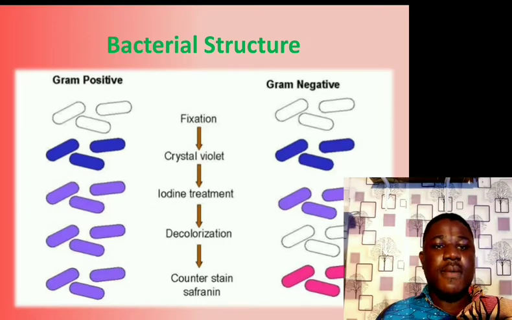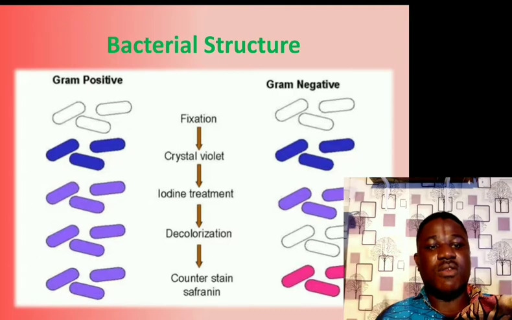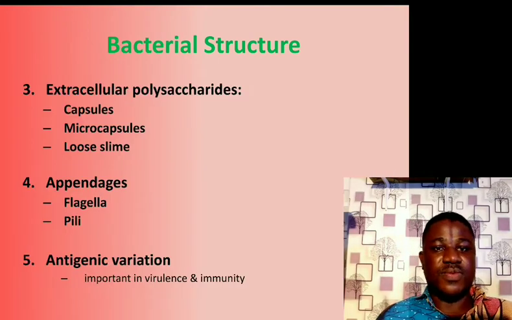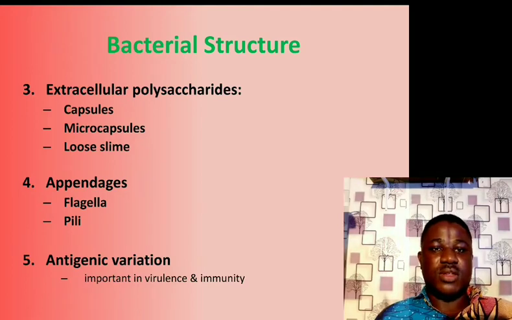So that covers the structure of gram-negative and gram-positive bacteria. Let's look at the extracellular structures of bacteria, the extracellular polysaccharides that are found. Extracellular layers, polysaccharides, are complex carbohydrates.